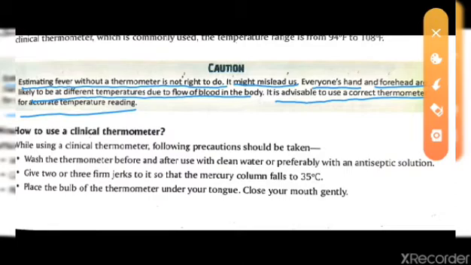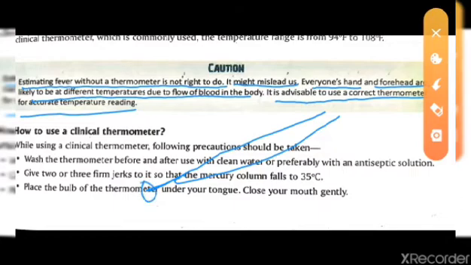So here some points are given on how we can use the clinical thermometer. Just in short, I am telling you all. First, we have to jerk the thermometer so that the mercury goes into the bulb part.